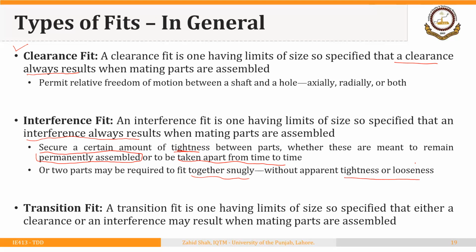So there are different classes of clearance fit and interference fits. So the degree of clearance in the case of clearance fits and degree of tightness in the case of interference fits varies from class to class. A transition fit is one having limits of size so specified that either a clearance or an interference may result when mating parts are assembled.